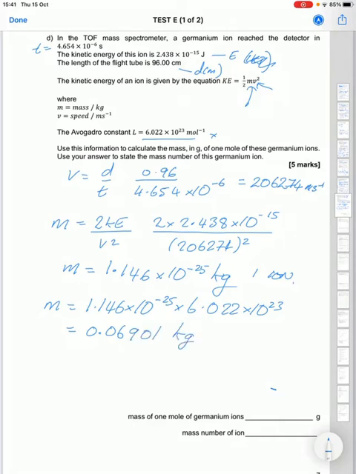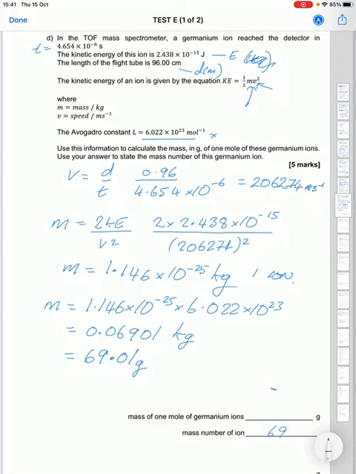Remember, that's in kilograms. So to convert that into grams, that is going to be 69.01 grams. So the mass number of the ion is going to be 69.